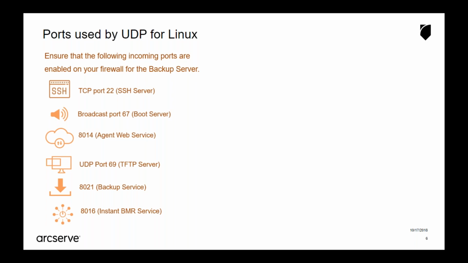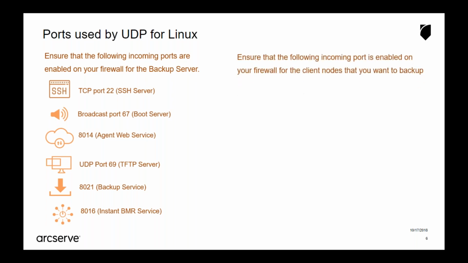Now, on the client nodes that we want to protect, the ports that we need to open are simple. Only one, it's port 22, which is the port used by our SSH server.